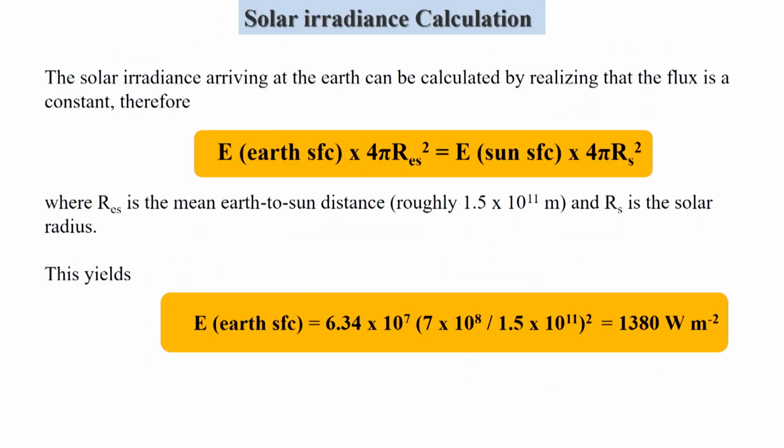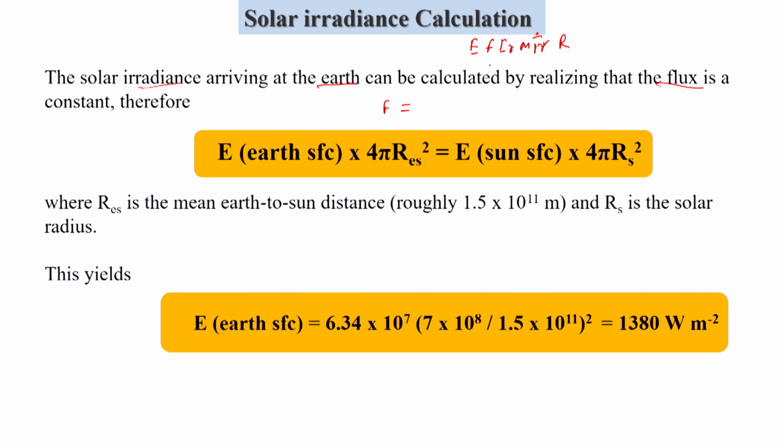Okay, so now we know that in equilibrium condition the solar irradiance that is arriving at the earth can be calculated by realizing that the flux is constant. So if you assume that the flux is constant, you had energy, flux, and then irradiance, and then monochromatic irradiance, then you had radiance, right.